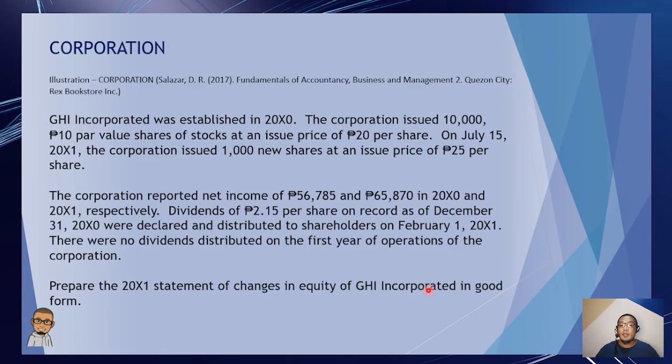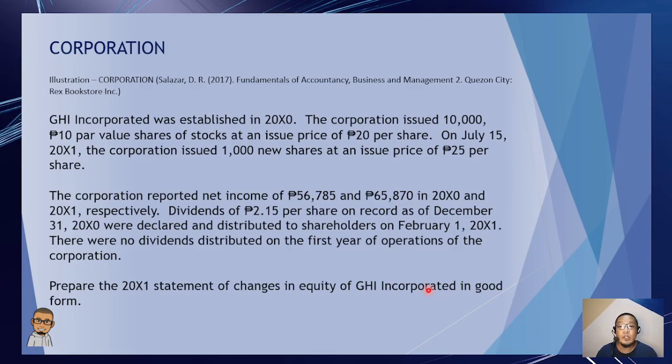So, syempre, para mas madali yung aral natin, meron tayong illustration. In-adapt ulit natin yung galing kay Mr. Salazar dun sa kanyang book. So, GHI Incorporated was established in 2020. The corporation issued 10,000 shares, ibig sabihin yan, 10 peso par value stocks at an issue price of 20 pesos per share.